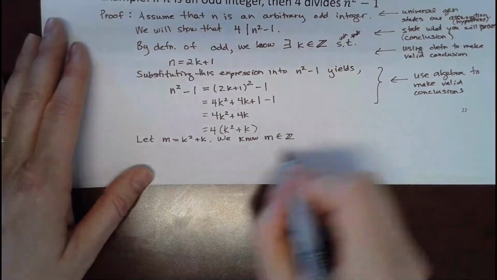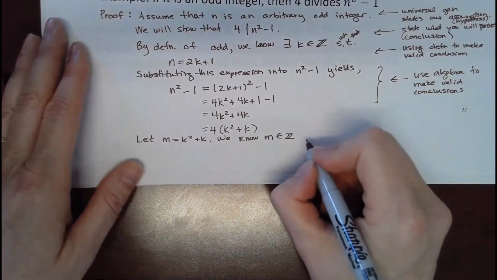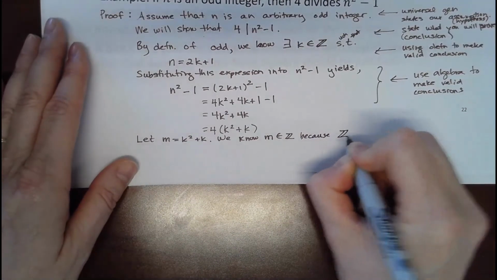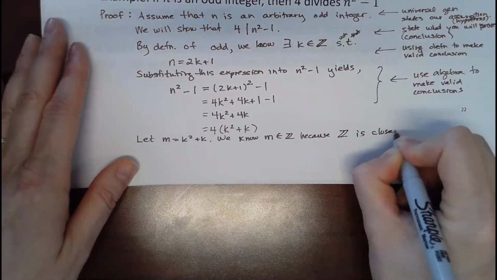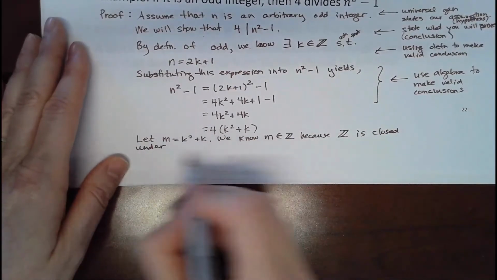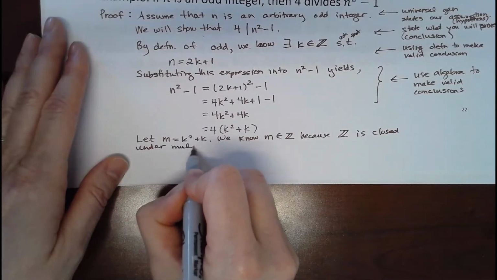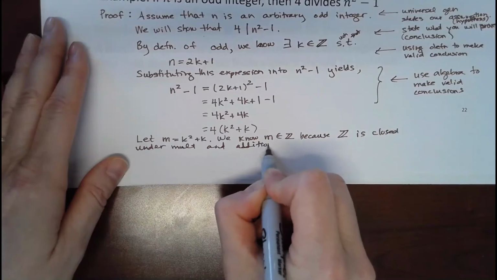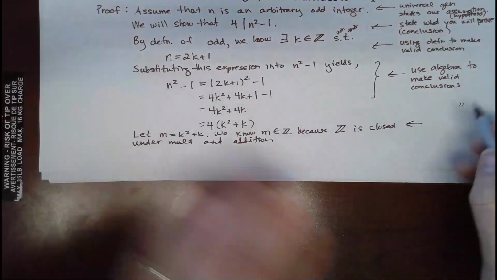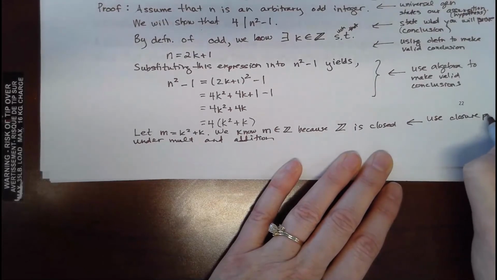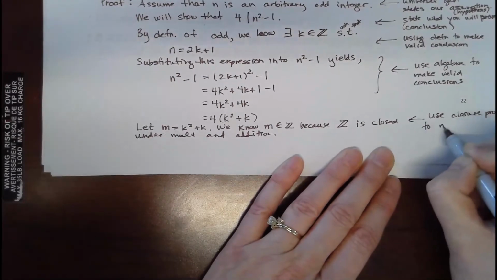So that also has to be an integer, because the set of integers is closed under multiplication and addition. Here we're using closure properties to make valid conclusions.